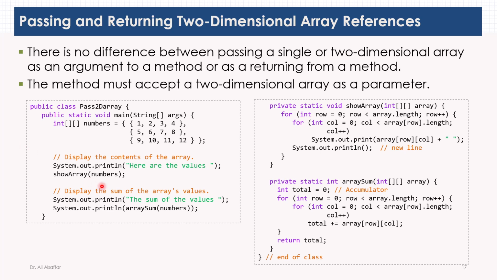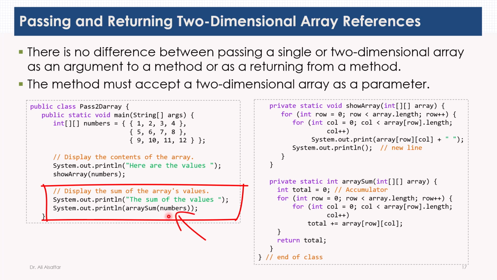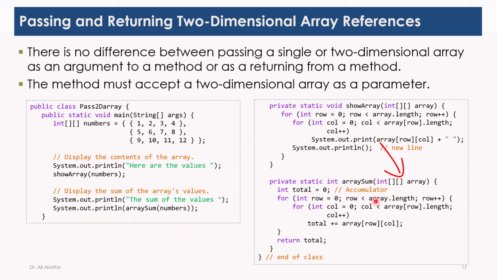And to call the other method to find the sum of all elements of the two-dimensional array, you simply call the name of the method and pass the two-dimensional array as an argument. Notice how we are passing the two-dimensional array. You simply give it the name without any square brackets. And notice how we are defining the formal parameter for the method arraySum. It is defined as a two-dimensional array of integers.